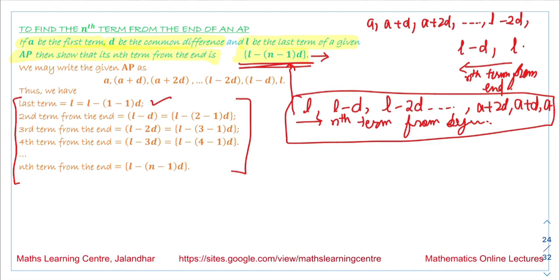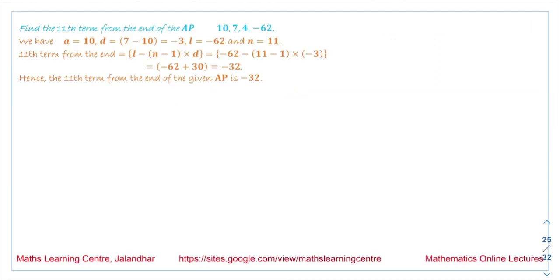Now the next is: find the 11th term from the end of the AP. The AP that is given to us is 10, 7, 4, and so on up to minus 62. We have to find the 11th term from the end. The formula we have is l minus (n minus 1)d. This is our last term.